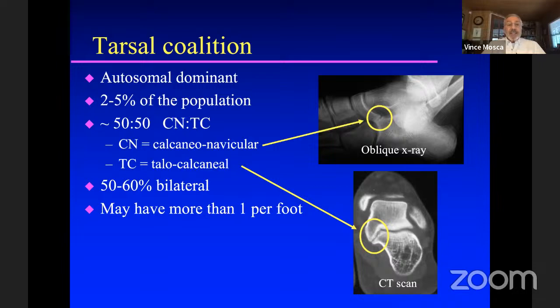Let's go back to the 88% of rigid flat feet that have tarsal coalitions. They're primarily autosomal dominant, so siblings may have it, parents may have it. And it's actually not 2 to 5% who have them. There are some cadaver studies and bone studies that indicate perhaps up to 13% of human beings have tarsal coalitions.